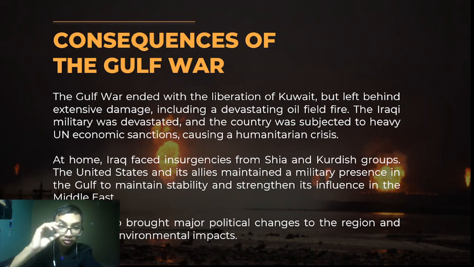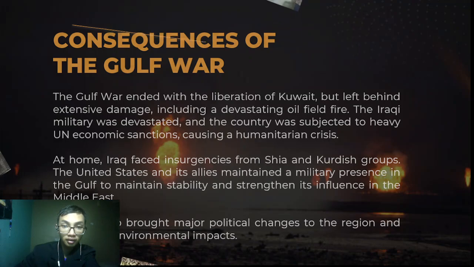At home, Iraq faced insurgencies from Shia and Kurdish groups. The United States and its allies maintained a military presence in the Gulf to maintain stability and strengthen their influence in the Middle East. The war also brought major political change in the region and left a serious environmental impact.